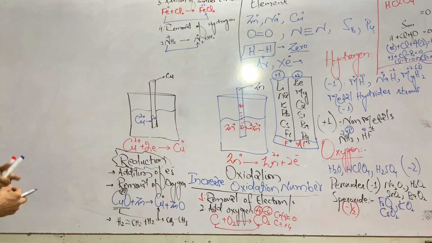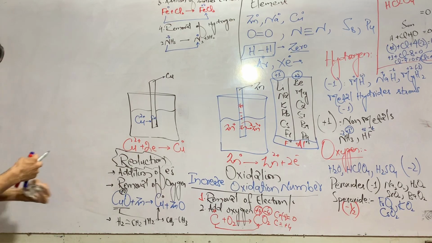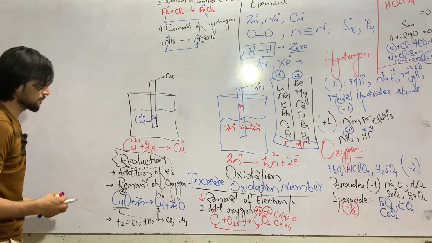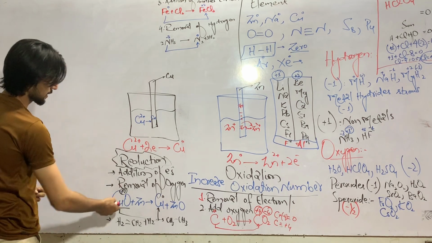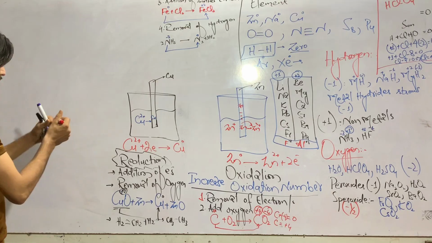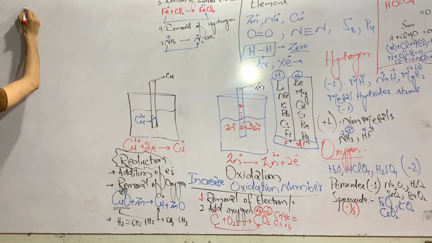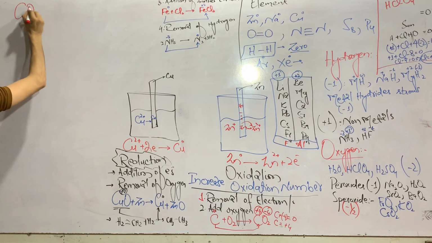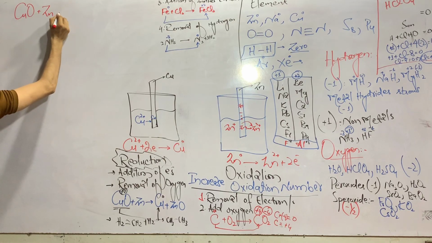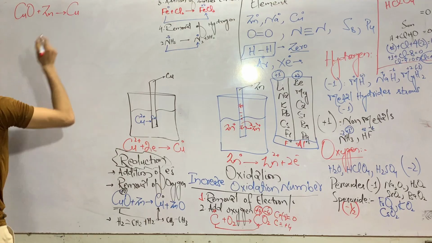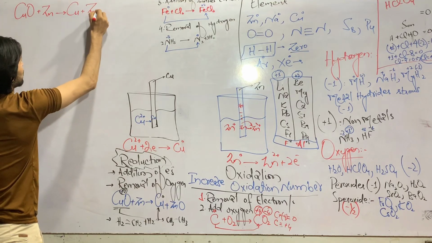Now, talking about oxidation reduction, it happens in pairs. You can see that oxidation and reduction are happening simultaneously. Take this example, I will elaborate it over here: copper oxide reacting with zinc to convert into copper plus zinc oxide.